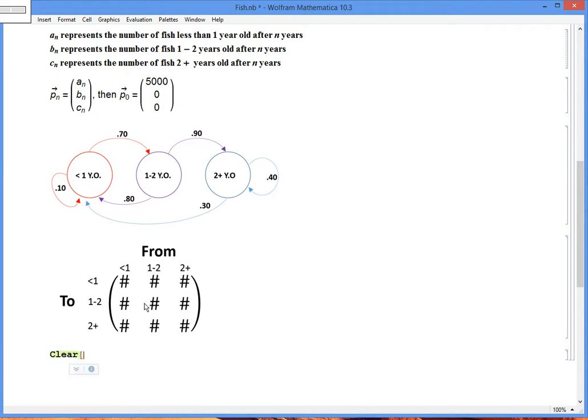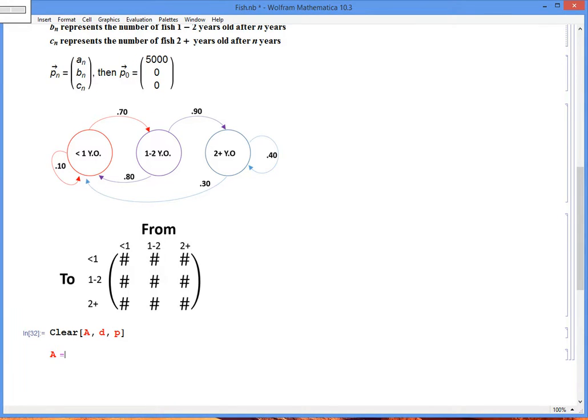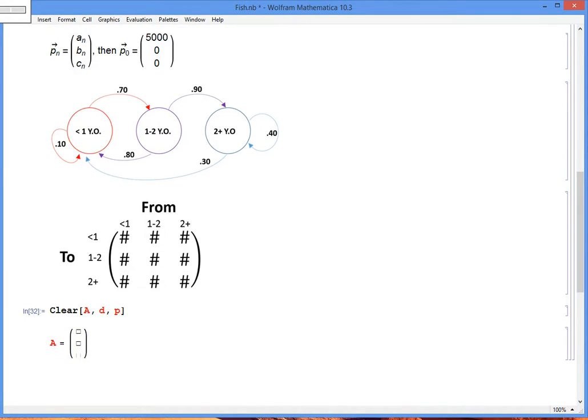But I've got to clear some variables because I was doing other work here in Mathematica. So now my variables are red. Yours should turn blue. I'm going to say that A is equal to this 3x3 matrix, and I used Control Enter and Control Comma as a shortcut to create rows and columns. Now I'm going to input values.